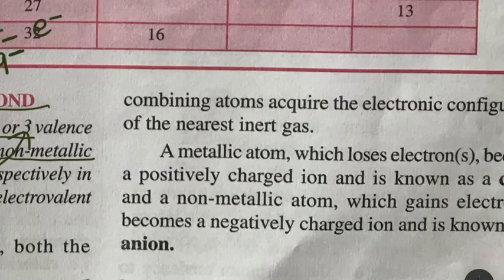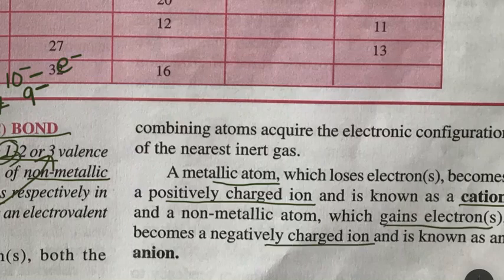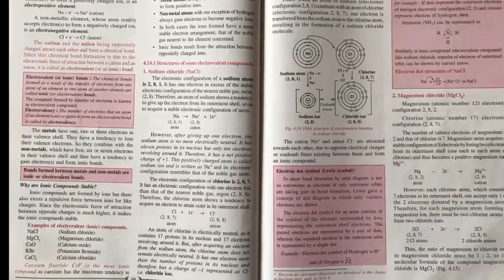So the metallic element, as I already explained, which loses electrons, becomes a positively charged ion which is known as a cation. And a non-metallic atom which gains electrons becomes a negatively charged ion which is known as an anion. So positively charged ion is known as cation and negatively charged ion is known as an anion.